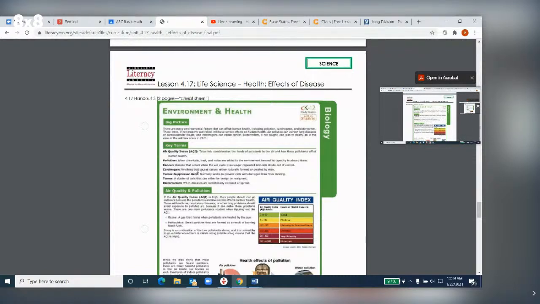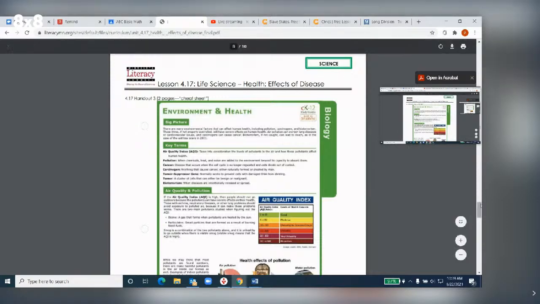Cancer is a disease that occurs when cells are no longer regulated and divide out of control. Carcinogen is anything that causes cancer, either naturally formed or created by man. A tumor suppressor gene normally works to prevent cells with damaged DNA from dividing. A tumor is a cluster of cells that can be either benign or malignant. Bioterrorism is when diseases are intentionally released or spread.